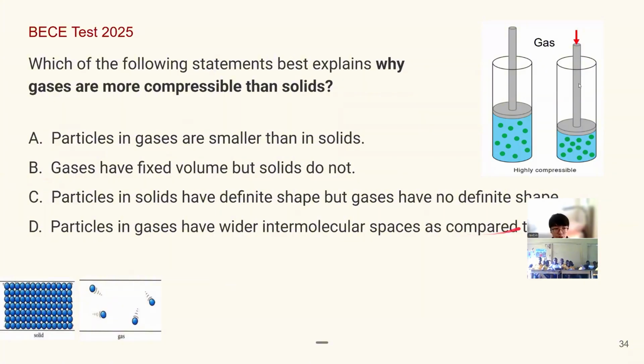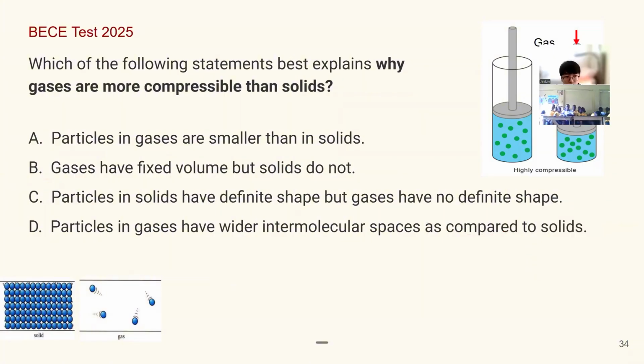So let's look at this question. Which of the following statements best explains why gases are more compressible than solids? Why can we press more gases and not press more solids? Why do you think that is, of the options?